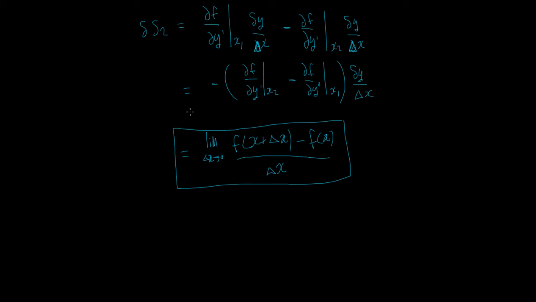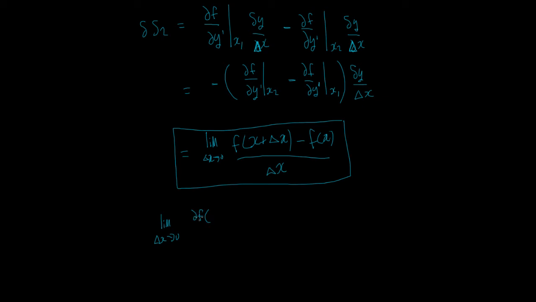We could write that as the limit as delta x tends to 0 of df of, now there would have been an x there but it's understood, so we're not going to write it down every time.